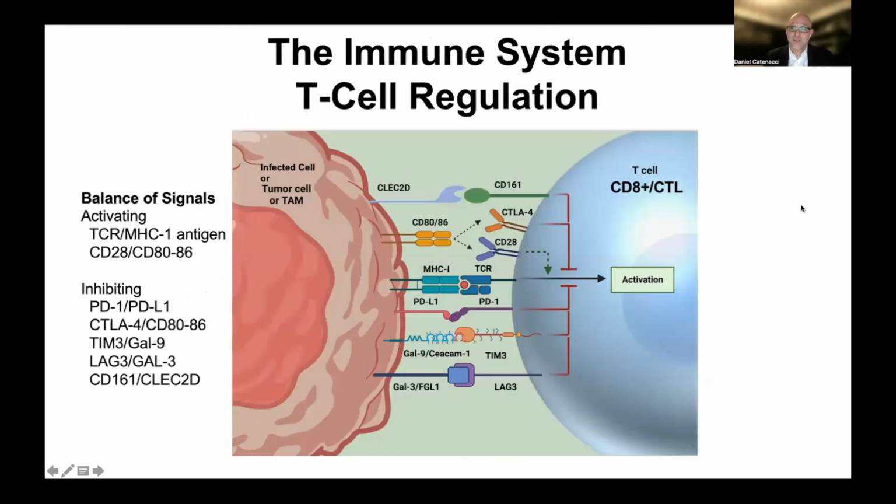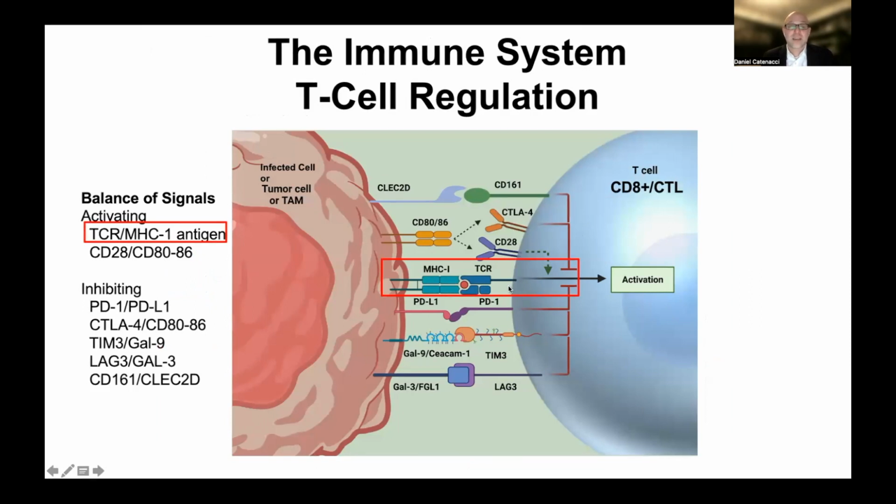When it gets there, this cytotoxic T cell that has this TCR that's binding this specific antigen, if it finds that cancer cell or infected cell that is expressing this antigen through its MHC1, that is a prerequisite interaction in order for this to get activated.